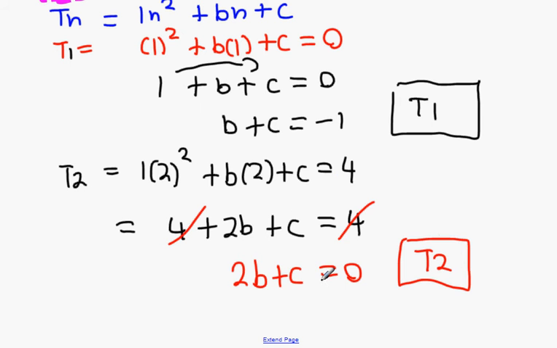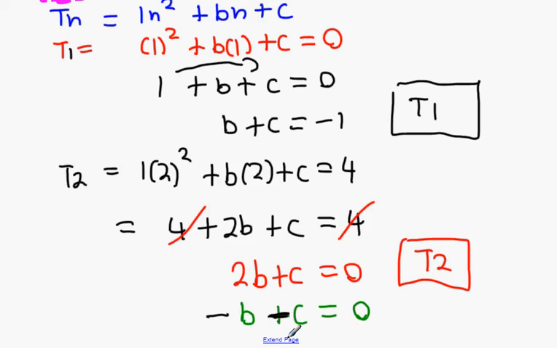You notice that both formulas make a simple simultaneous equation. So I'm going to write the first one underneath it. You need to choose a letter to get rid of. I'd get rid of c's, so I multiply both sides by minus 1.